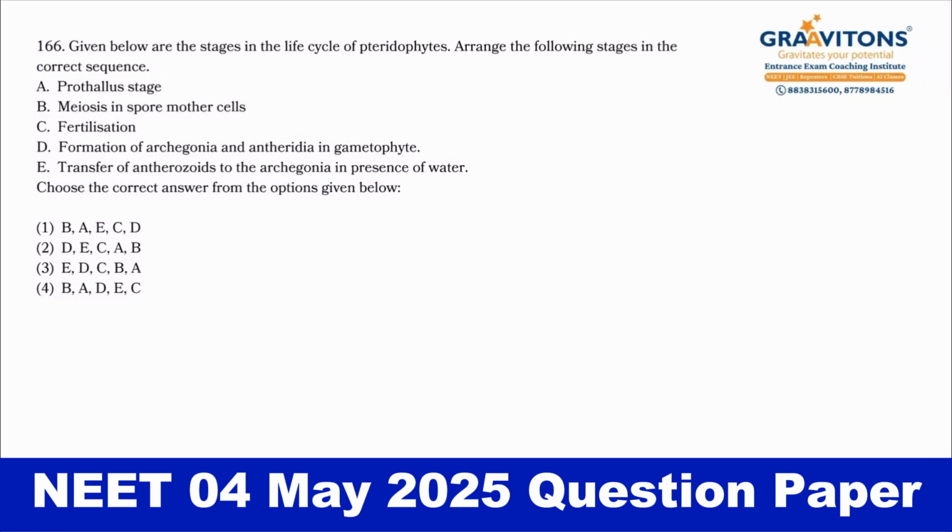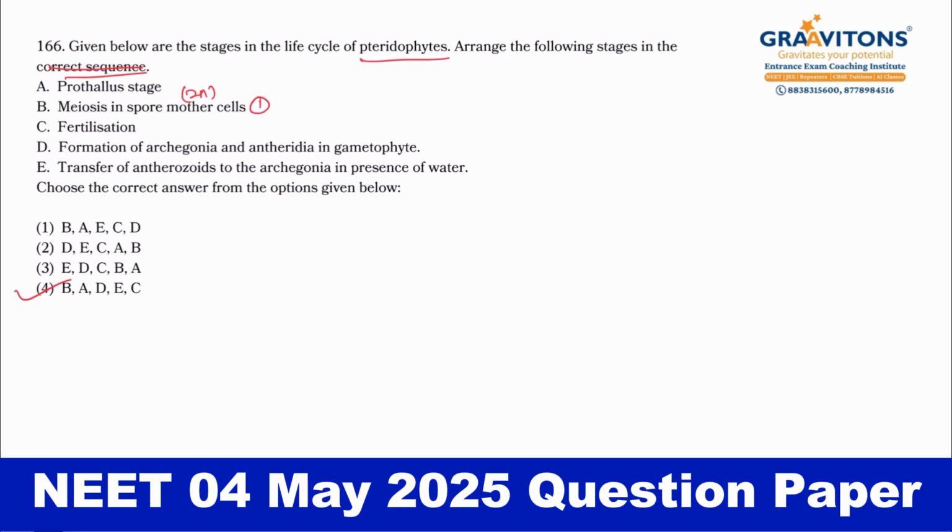Next question: given below are the stages in the life cycle of pteridophytes. Arrange the following stages in the correct sequence. The answer for this question is option 4. First, it is meiosis in the spore mother cells. Spore mother cells are 2n and meiosis will form spores. This is the first stage.